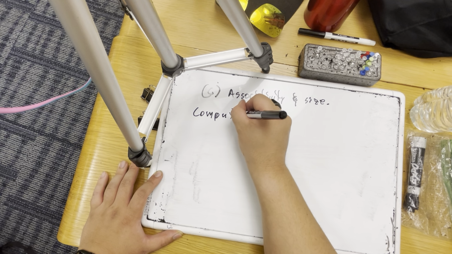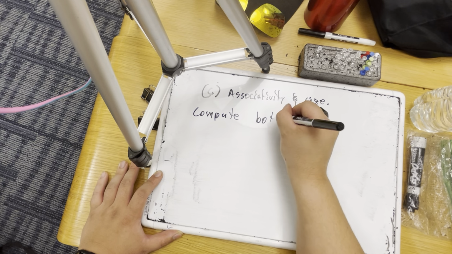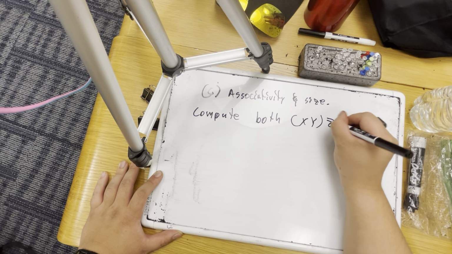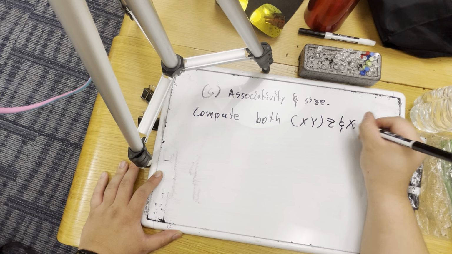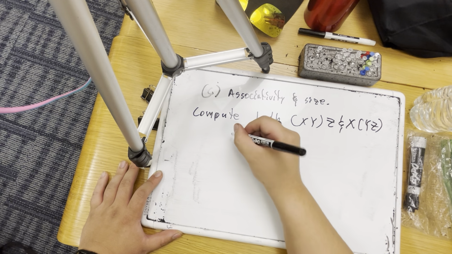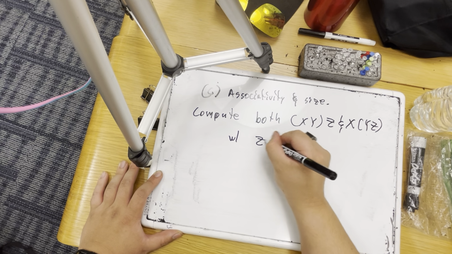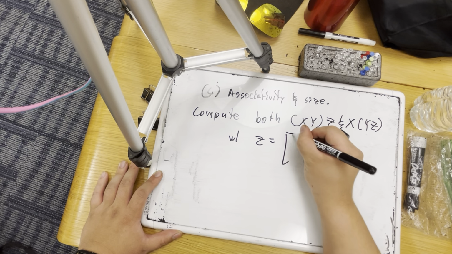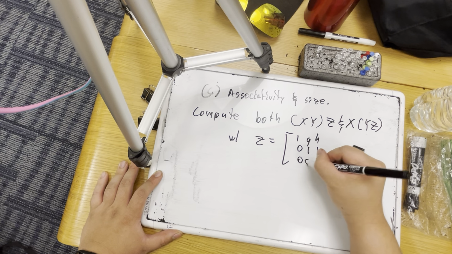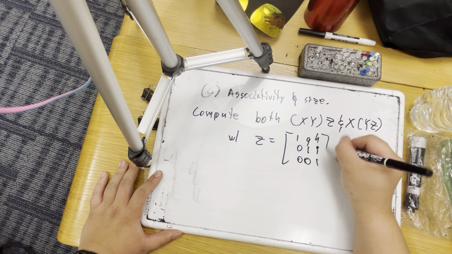Let's compute both: open parentheses xy close parentheses times z, and x times open parentheses yz close parentheses, with z being equal to 1, g, h; 0, 1, i; 0, 0, 1, right?